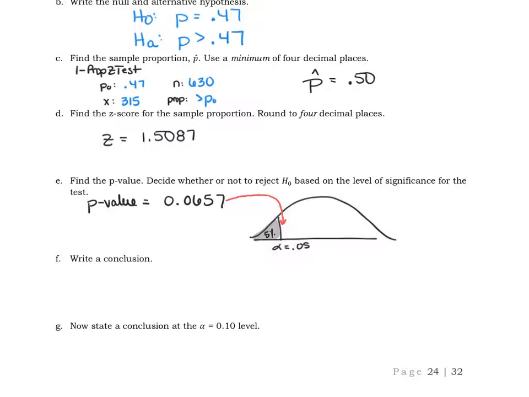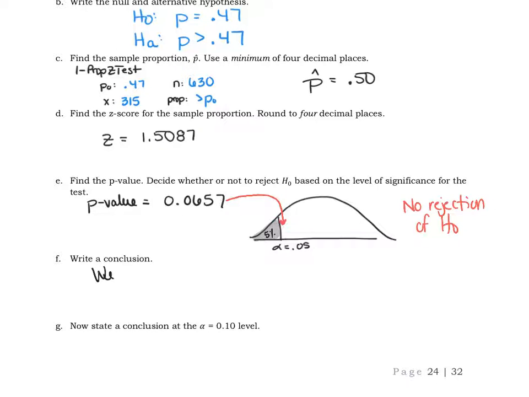It falls over here, to the right of that bad zone, if you will. So in this case, it is not that unusual. Remember, we say under 5% is considered to be unusual. This is 6.5%, a little more than that chance, and so that is not unusual. We would not reject our null hypothesis. So what would that conclusion look like?